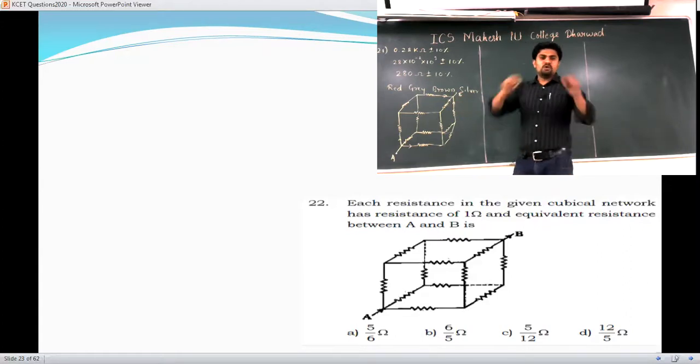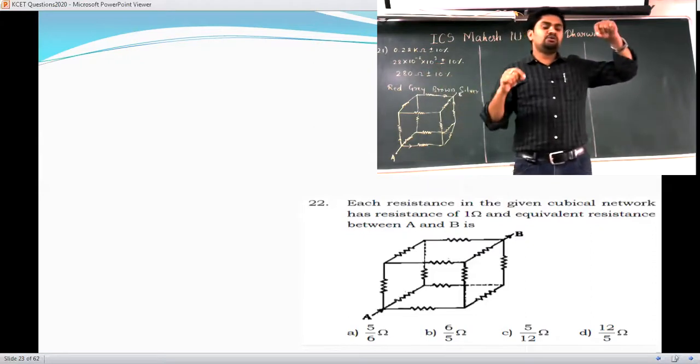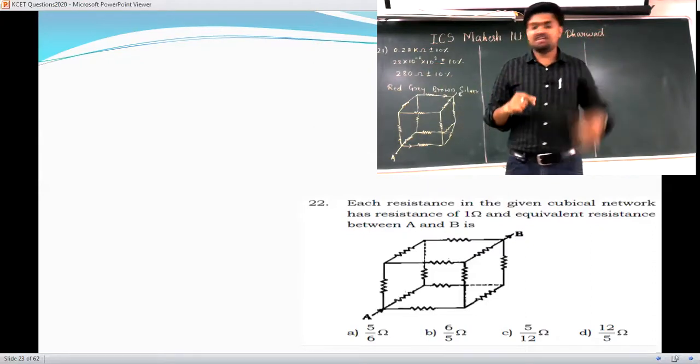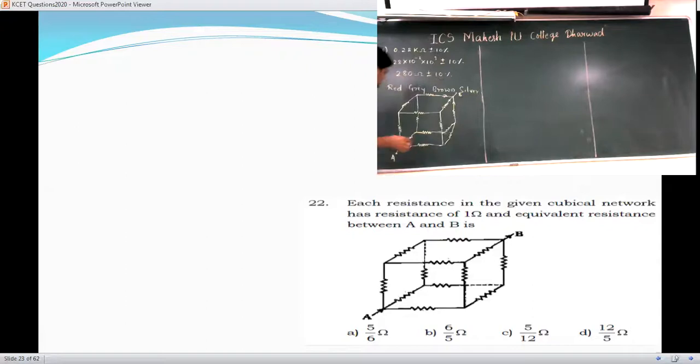When you stretch and take the equivalent circuit, these 3 resistors are connected in parallel, and here these 3 resistors are also connected in parallel. The rest of the resistors in between, 1, 2, 3, 4, 5, 6, I have to make a correction here, so these 6 resistors are connected in parallel.